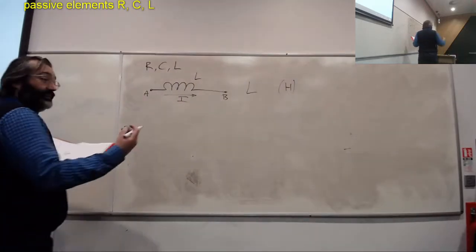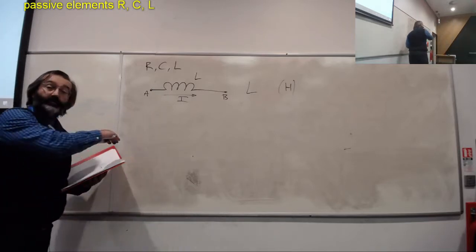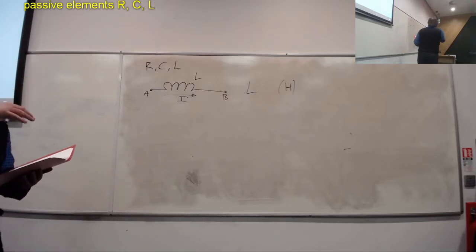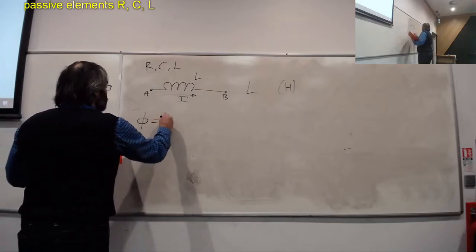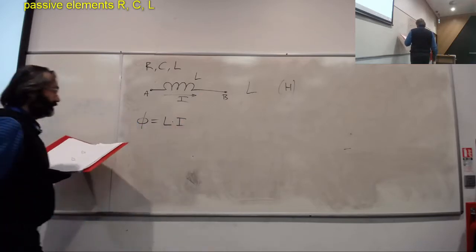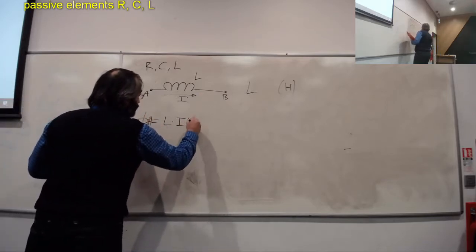And the fundamental relation, as we saw previously for the capacitor, was C equal Q over V. In this case it is the flux linkage, which is equal to L times I. So the flux linkage at time t is equal to this.